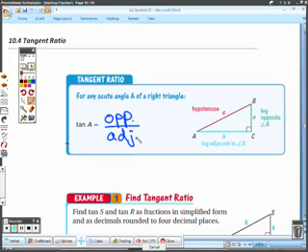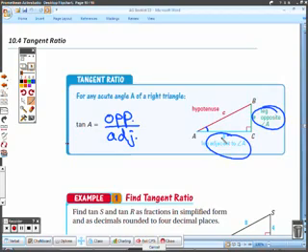So you have to be able to look at the triangle, find angle A, and look opposite from angle A and find the number over there. There's no number right now, but there will be a number later. You write it on top of the fraction, and then find the adjacent number and write it on the bottom of the fraction. And that's the tangent ratio.